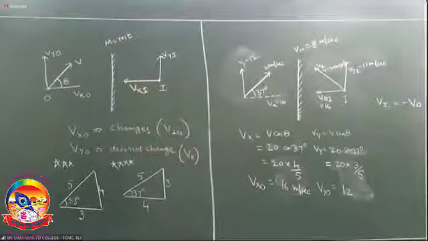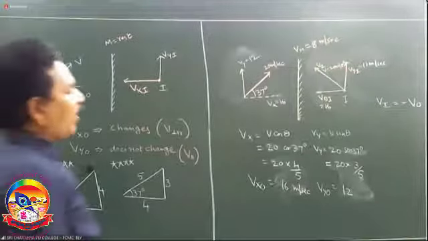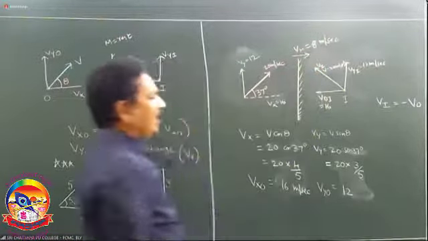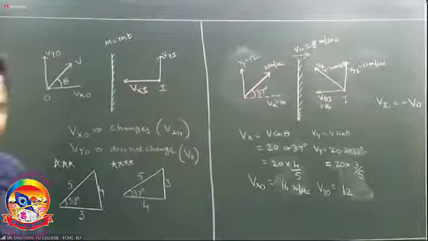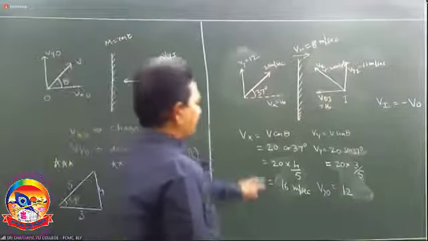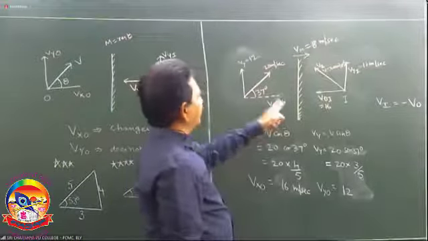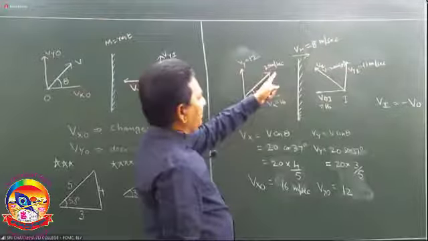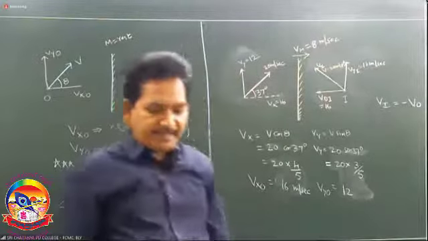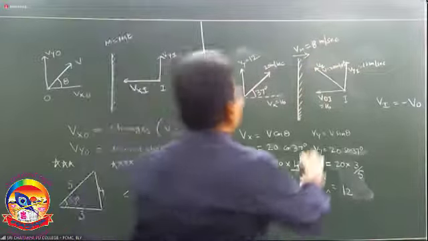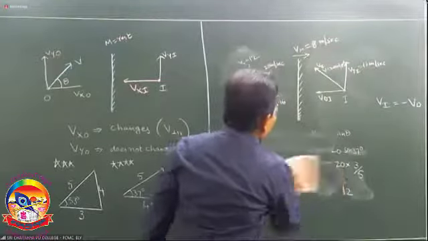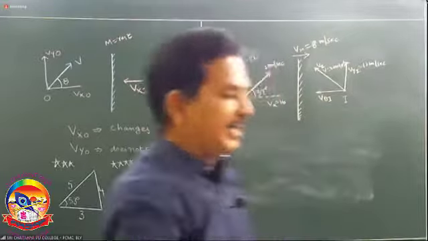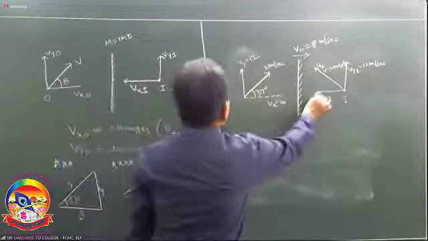Here the mirror is also moving, in this direction, 8 meters per second. This remains the same: Vx value 16, Vy value 12, object velocity 20 meters per second. Already told, Vy will not change, it is equal to 12 meters per second. But Vx will change. We have to find this one.